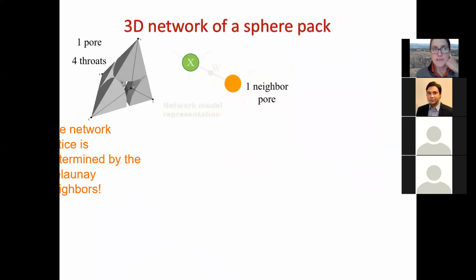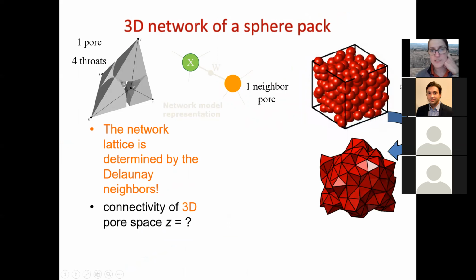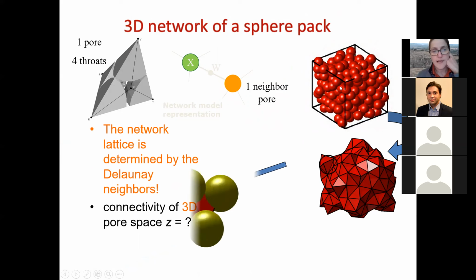Okay, so again, you get this. It's hard to see, but this is a visualized set of the tetrahedra based on this sphere packing.